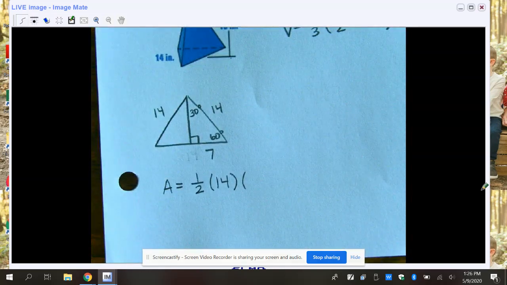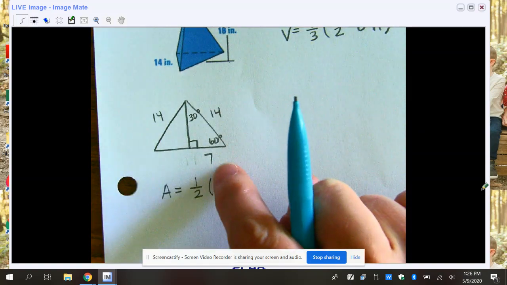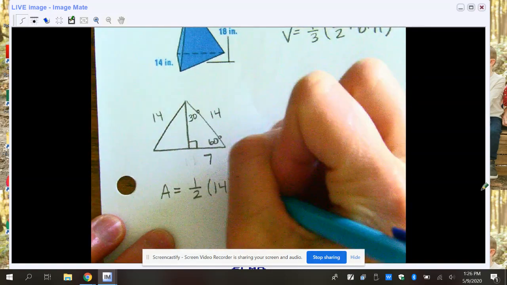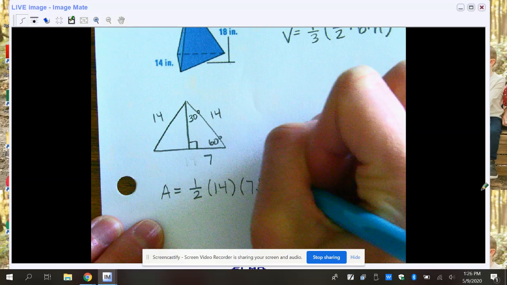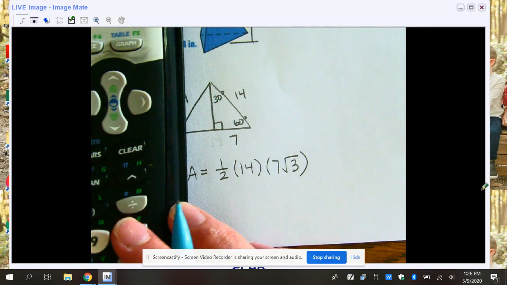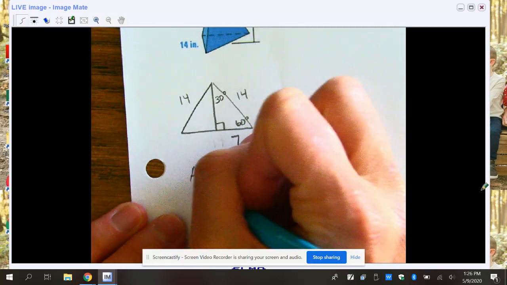That's going to be a 30-degree angle right here. And so if the length of the side is 14, this is going to be half of that. This is always radical 3 times as long. That's going to be the case for every single equilateral triangle that you're trying to find the height of. So 1/2 times 14 times 7 is 49.